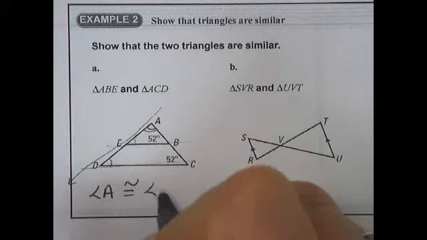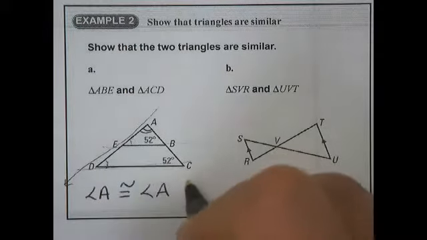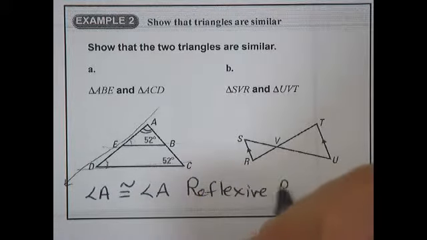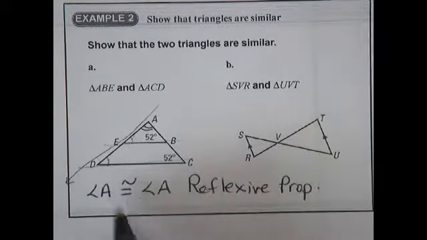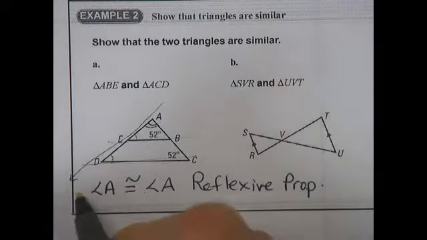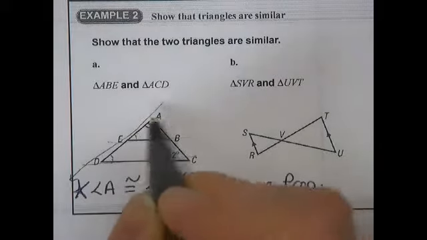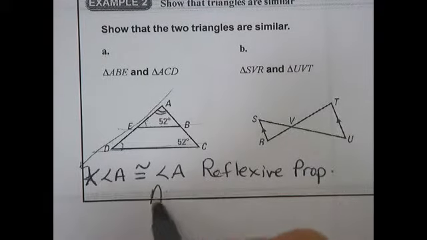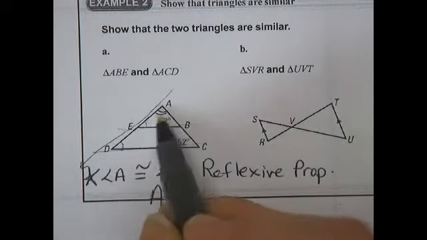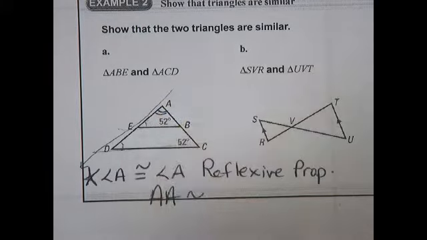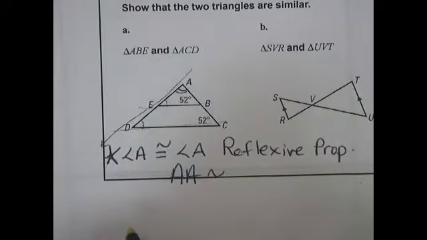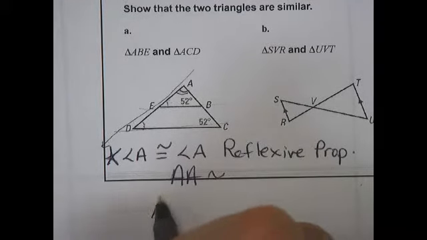So we look at the third angle, angle A, and you see that angle A is a part of the small triangle. It's also part of the larger triangle. So what property tells us that angle A is congruent to itself? That's the reflexive property. So by the reflexive property, angle A is congruent to itself.